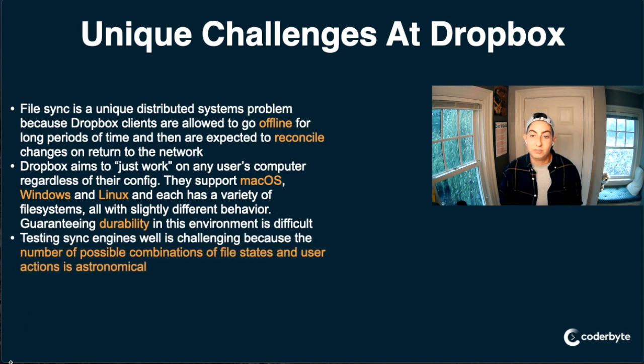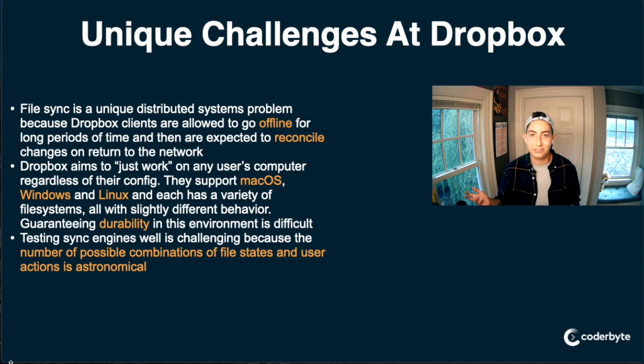Testing sync engines well is challenging because the number of possible combinations of file states and user actions is astronomical. This is interesting, and it ties into the first point about reconciling changes. Theoretically, there's all different sorts of changes that a user can make on all of their machines, on all of their files. And to actually test for every case is very hard.